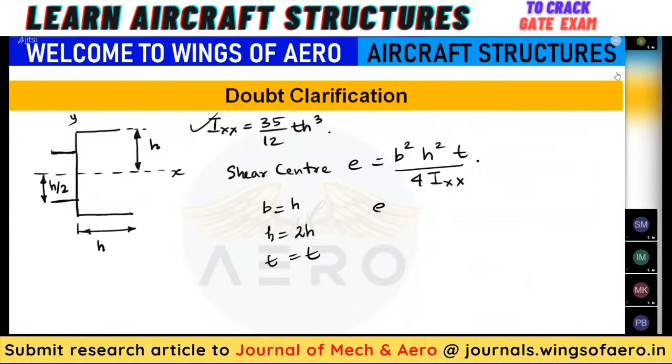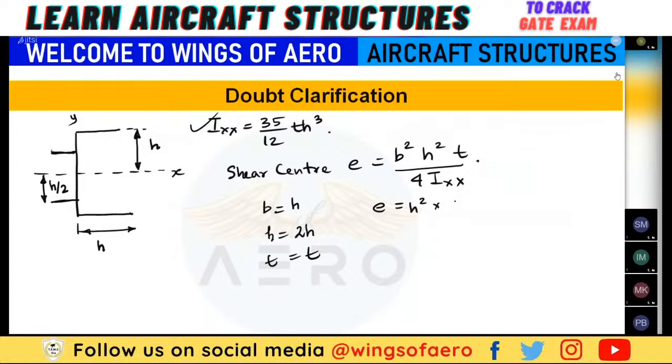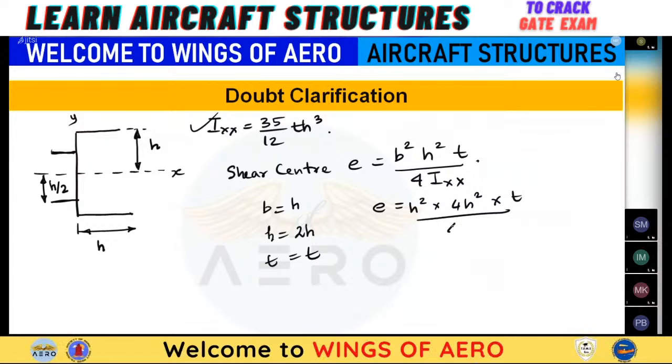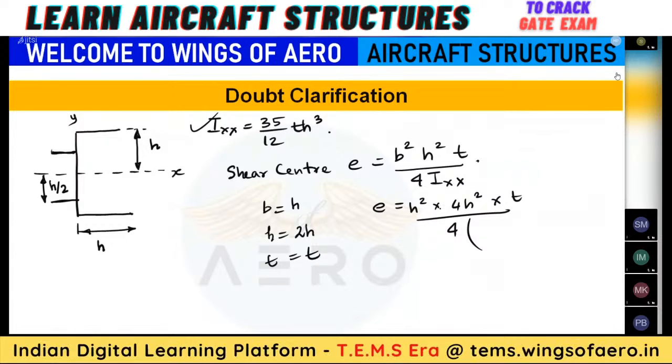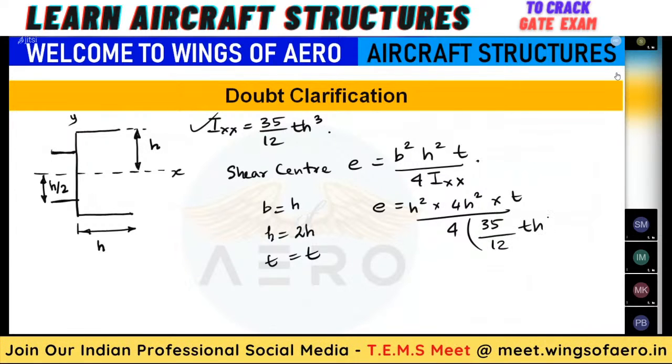First of all substitute the value h square into 4h square into t by 4. In place of Ixx, substitute the value of 35 by 12 t h cube.